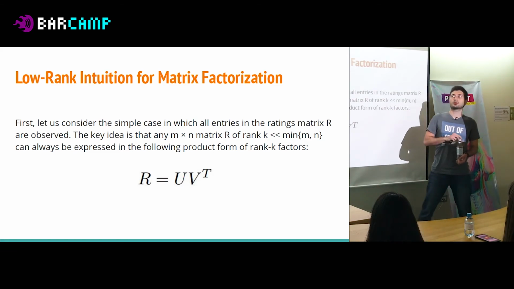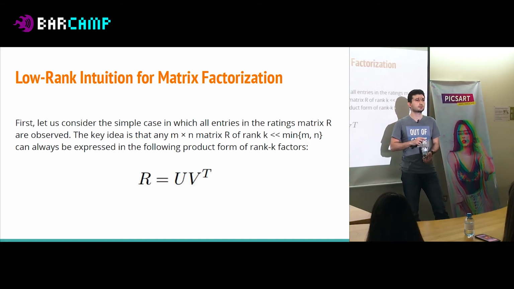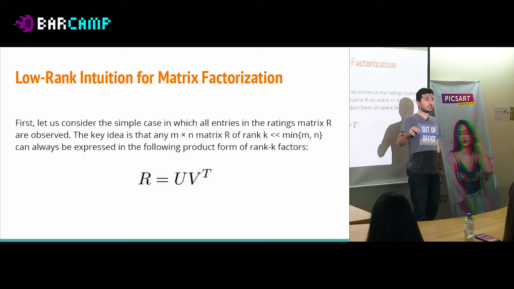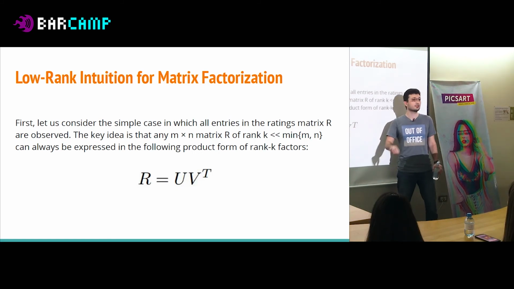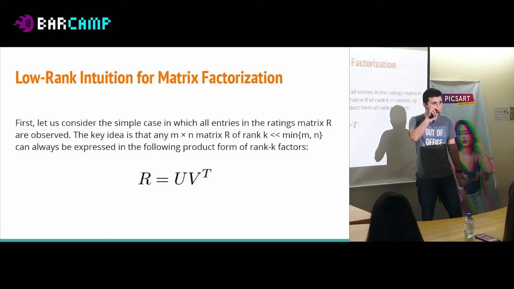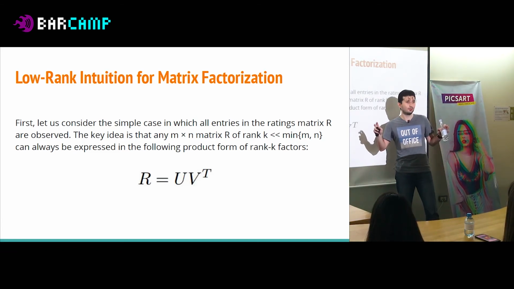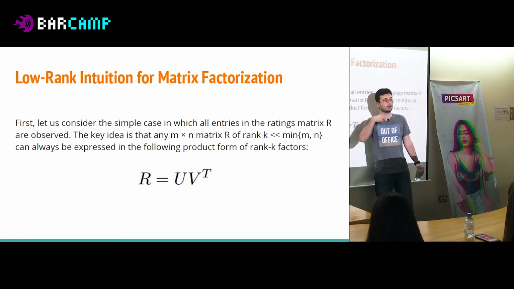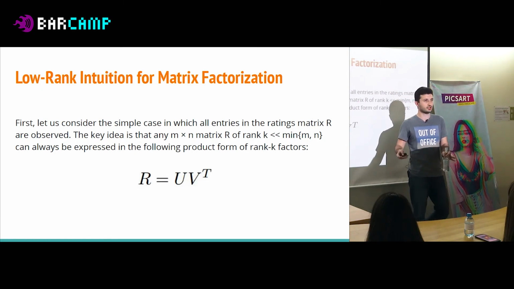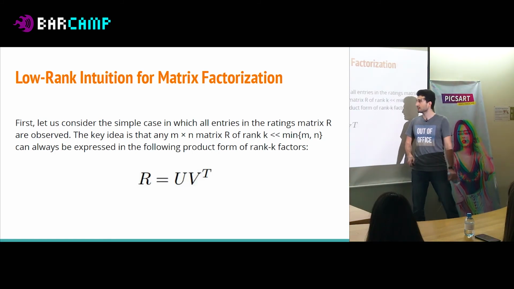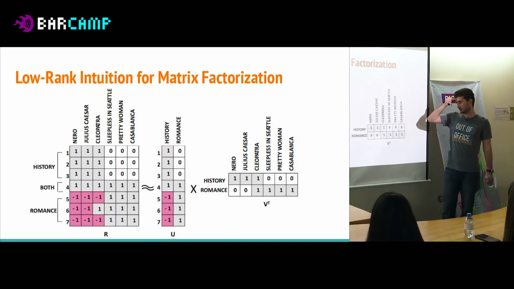Yes, in the case of recommendation systems, we will have maybe less than 1% of entries filled. But we can still learn these two matrices in order to approximate the entries that we have, and have hope that it will reconstruct all missing entries with high precision. This is the underlying intuition.